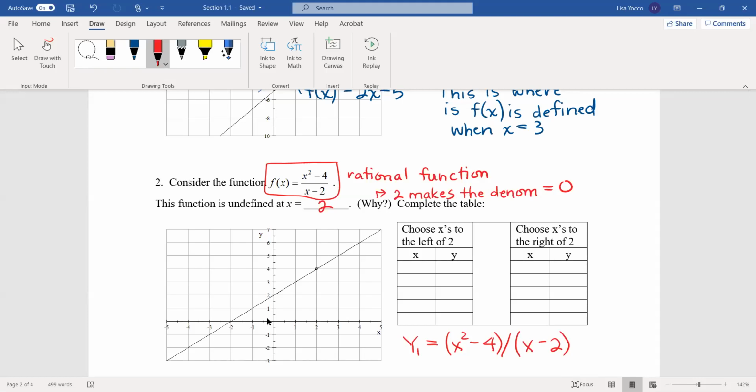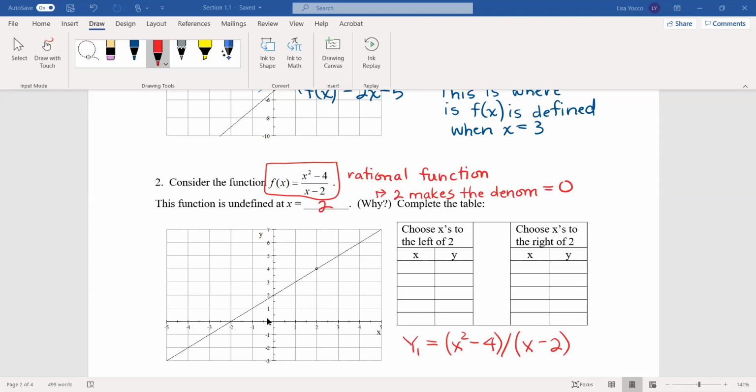All right, so going over to my calculator, I'm clearing out what happens to already be in there. Now I'm typing in x squared minus 4 in parentheses divided by, also in parentheses, x minus 2.